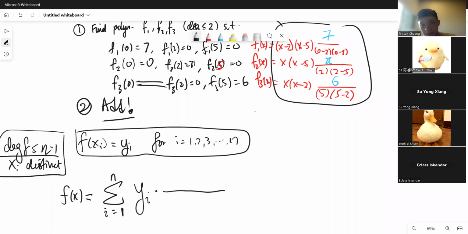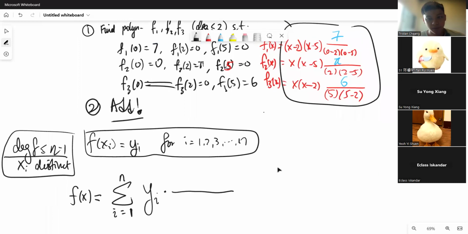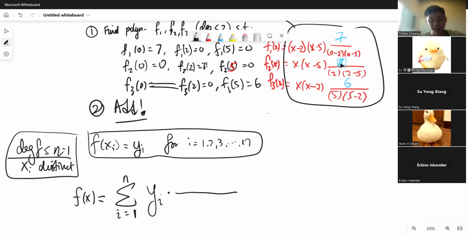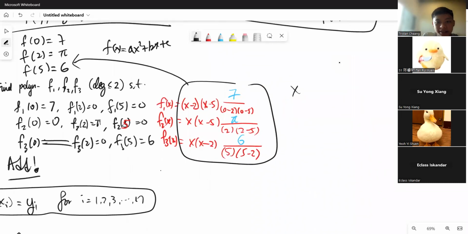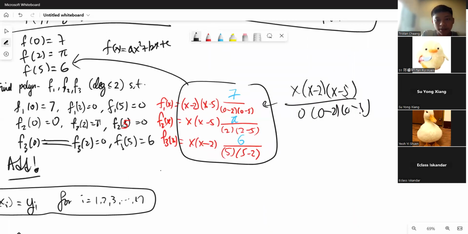So how can we write that? Well, we can write it as the product. So all j except i, because we want to skip that term, right? It's kind of like x minus 2, x minus 5 over 0 minus 2, 0 minus 5. The first line is where we omit the first one.